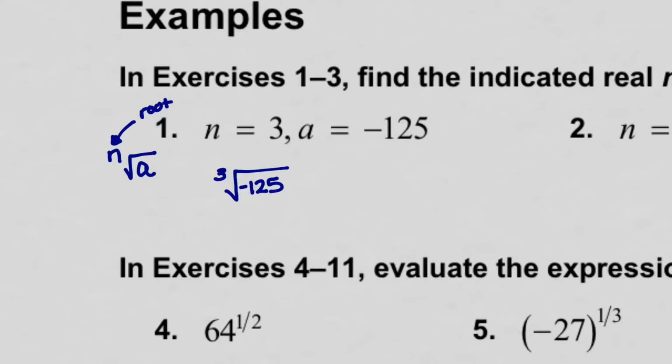Well, 3 is odd, so I know that I can find one that is less than 0. So what I'm looking for now is what number times itself 3 times would give me negative 125. And I know that that is negative 5 because negative 5 times negative 5 times negative 5 does indeed give me negative 125. That's how I check that.